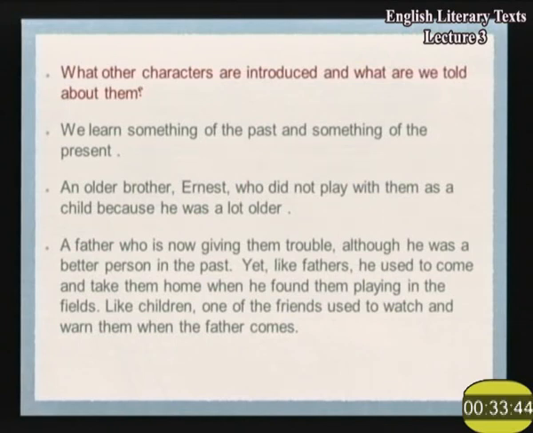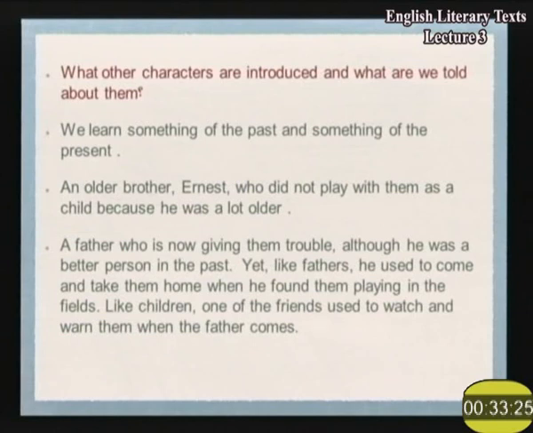In the next paragraph she's going to tell us what is it that is bad about the father. Yet, like fathers, he used to come and take them home when he found them playing in the fields, and he would do this with a stick.